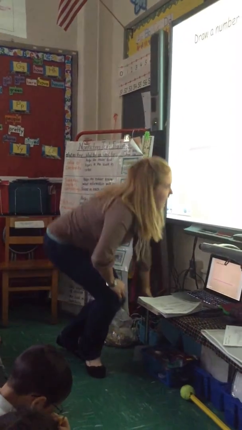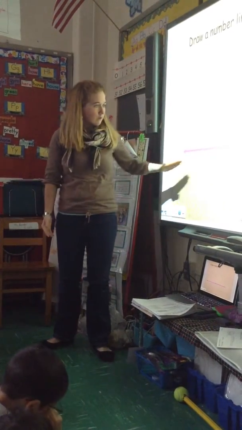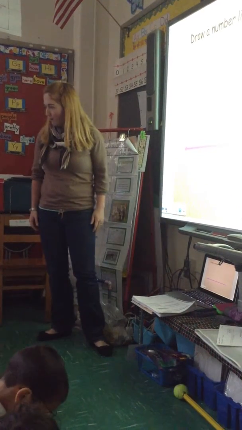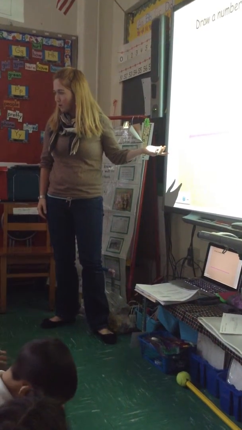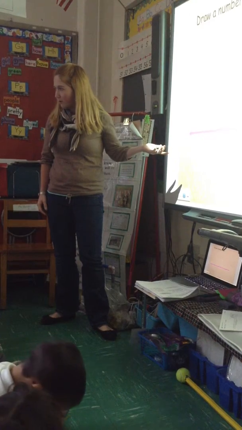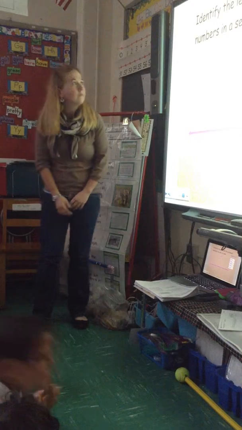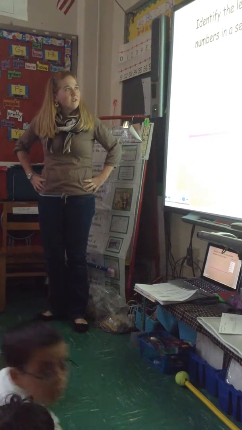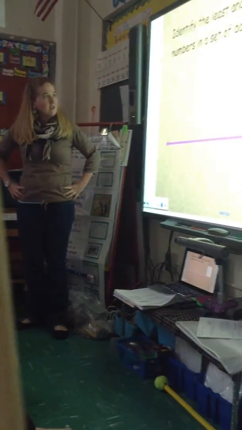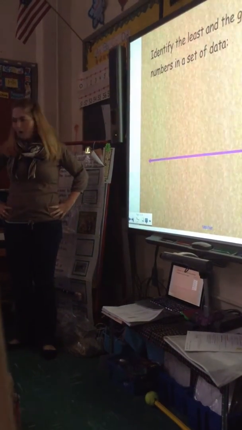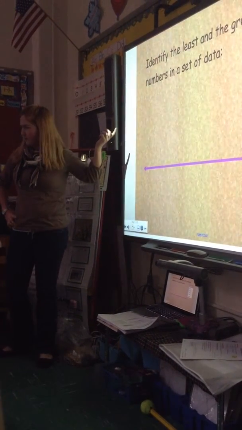Yes. So when I have my line plot, the first thing I do is draw my number line. But what's it missing? Here we go. Numbers. Identify the least and the greatest numbers in a set of data. What's that from?